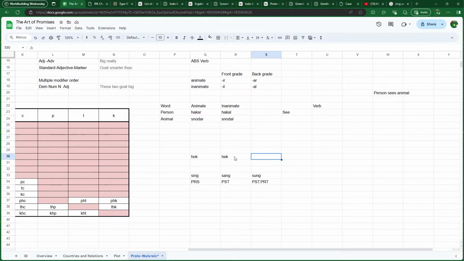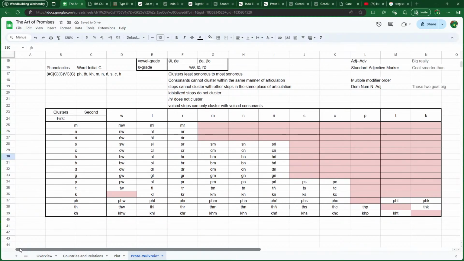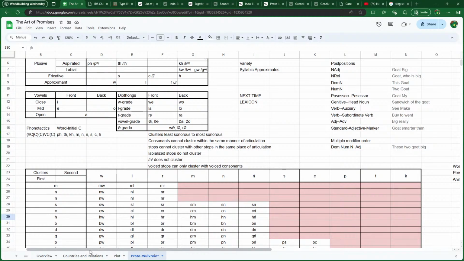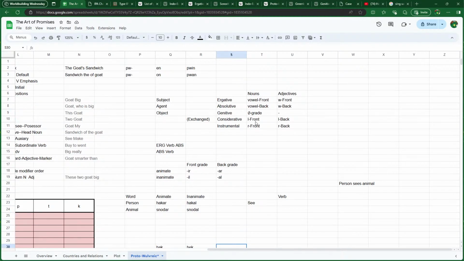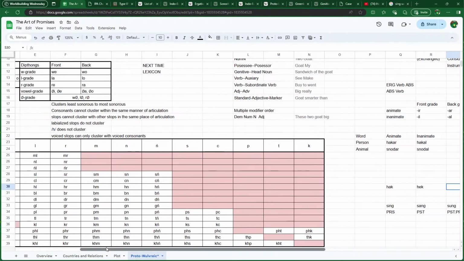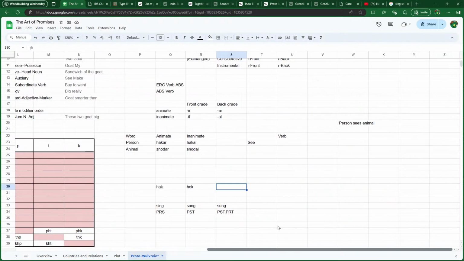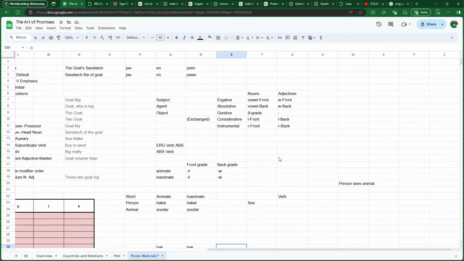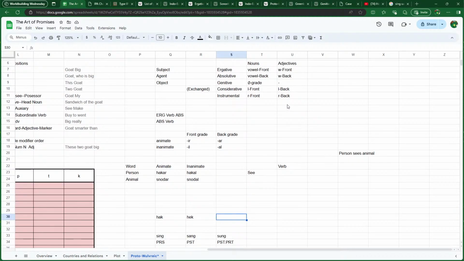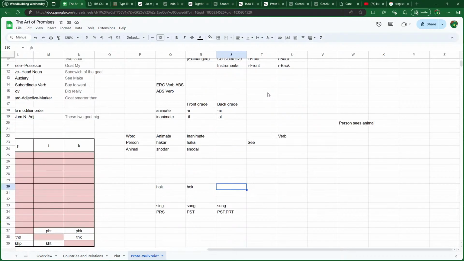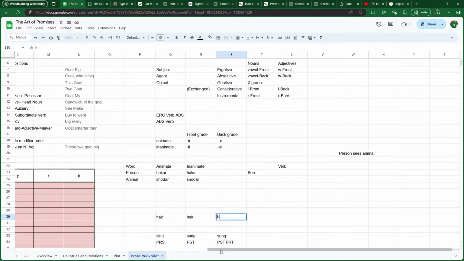So hook versus hick. Yeah, huck, hick, and then lock and rock.